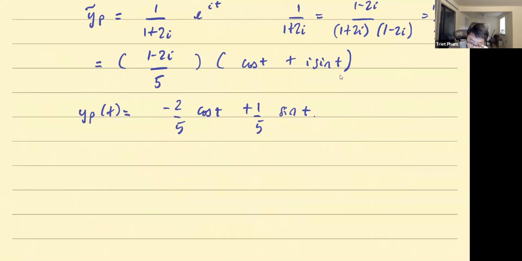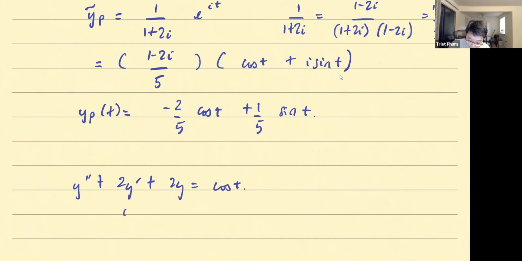All right. So now, I'm not sure about the beauty of this, but you get something for free-ish, right? Suppose you were looking at y double prime plus 2y prime plus 2y is cosine of t.